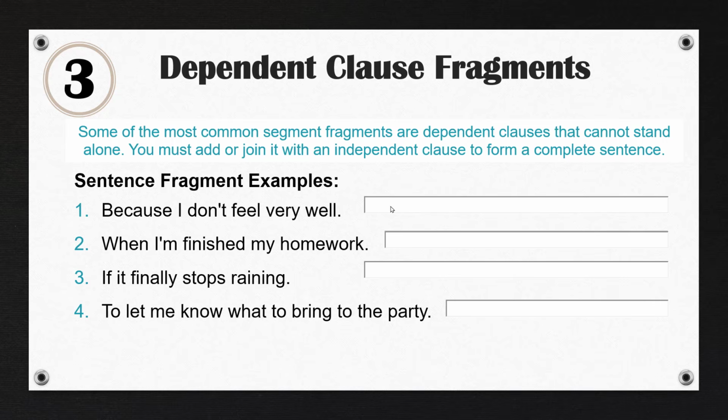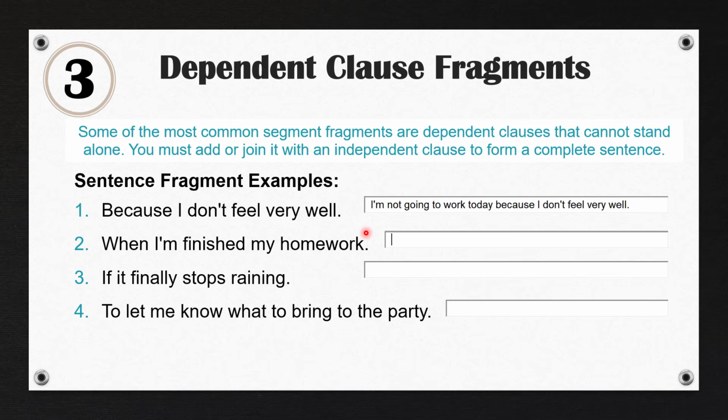If we had just I don't feel very well, that is an independent clause. But because I don't feel very well is a dependent clause, we need to add an independent clause so this makes sense. For example, you could say, I'm not going to work today because I don't feel very well. By adding this independent clause, I'm not going to work today, the dependent clause makes sense. And this is now a complete sentence.